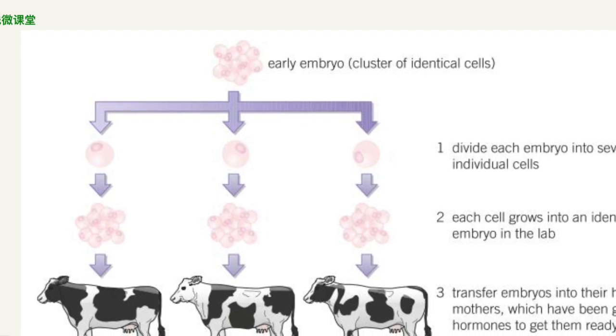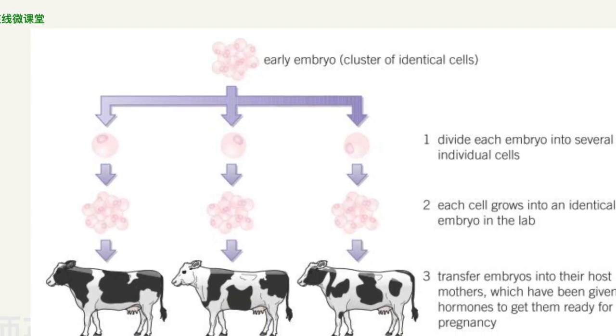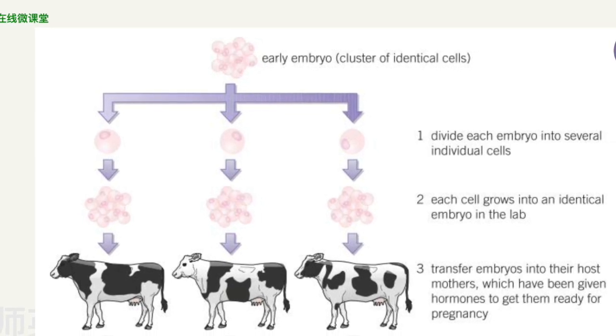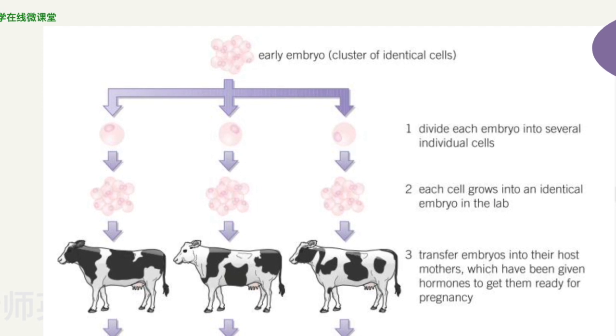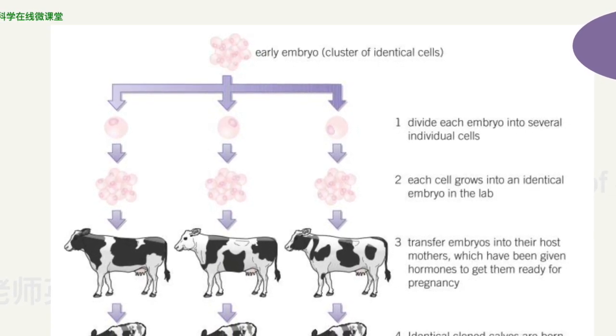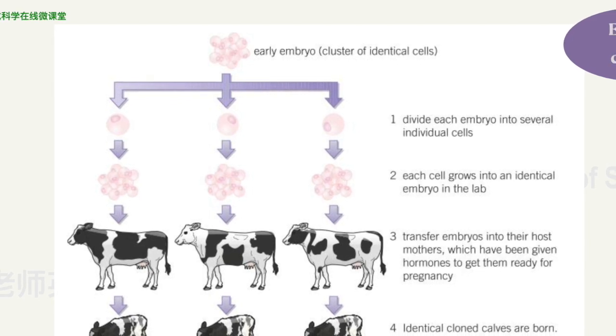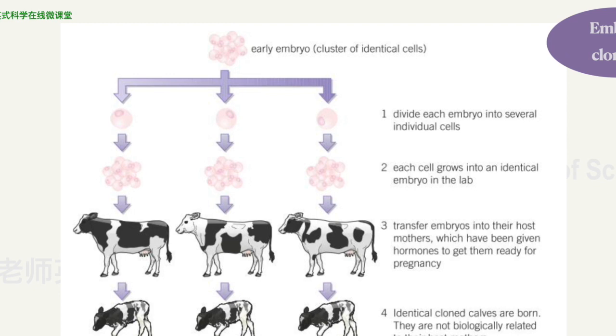In this case we use cattle, for instance, and each cow is going to host a group of embryo cells inside the uterus, and those cells will grow into young cattle.